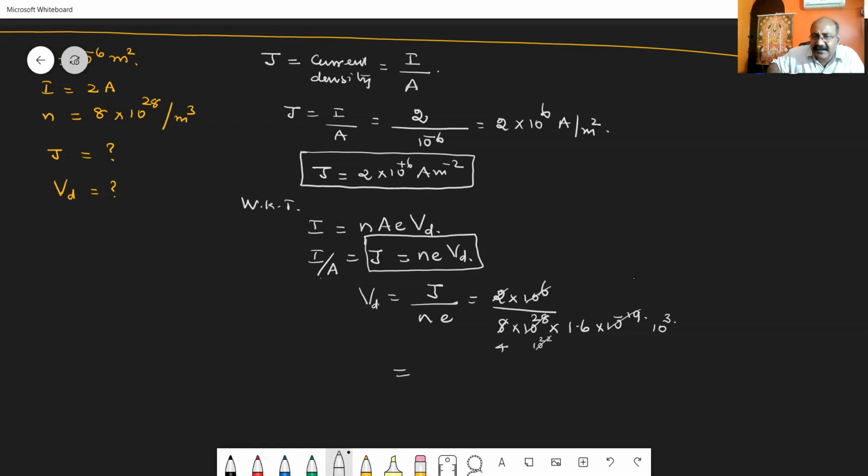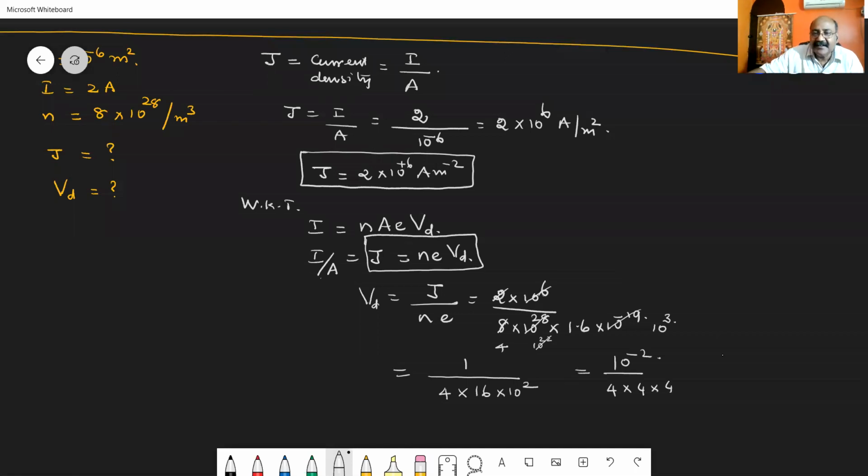Now, this can be written as, in the numerator, 1 divided by 4 into 1.6. I am writing it like this, 16 into 10 to the power of, here I have taken 1 zero, 2. So this can be written as 1 divided by 4 into 16, which can be written as another 4, then 4. This 10 power 2 taken to the numerator is 10 power minus 2.